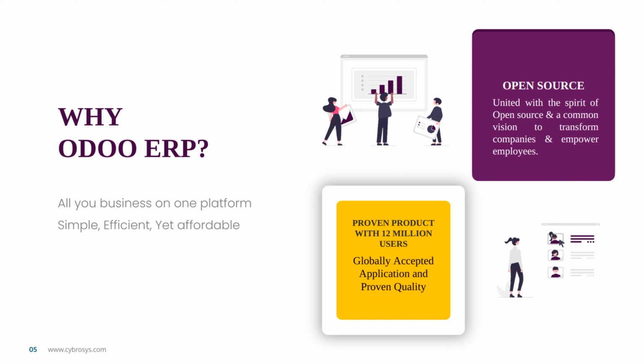Odoo is also easily adaptable to any industry because of its flexibility and modular structure. It has freedom from licensing cost when it comes to the community edition. Since it is open source, the customization and integration possibilities in Odoo are very high.